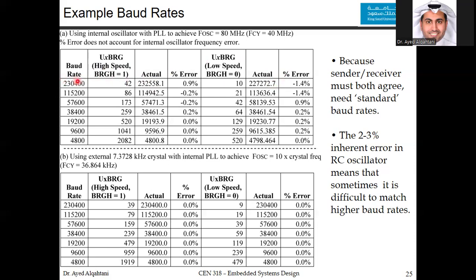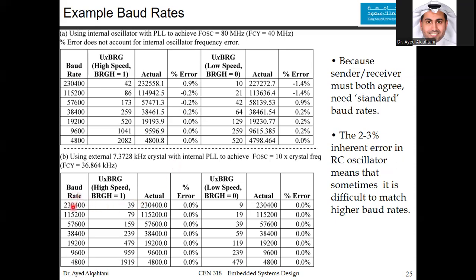And you could see that when you decrease the speed of the baud rate, the frequency is decreasing here, then this error will also decrease because you are getting slower, which is actually expected. Now, if you use an external crystal, this is more tolerant to errors.